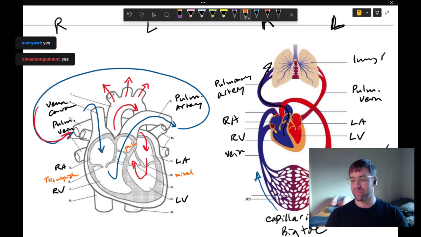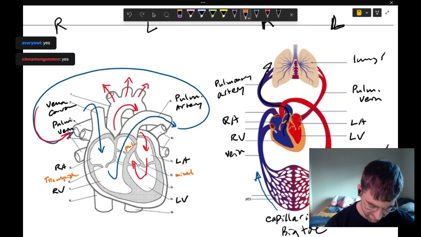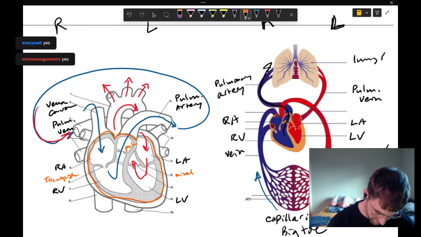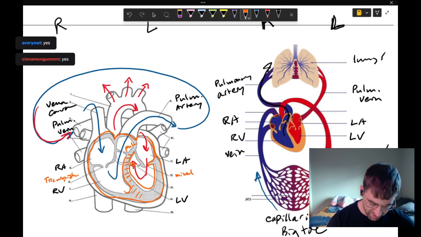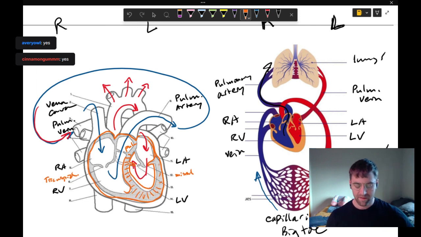Blood pressure, we should talk about blood pressure. Blood pressure is highest at the point where the blood leaves the heart. Your pipes are nice and wide. That side of the heart is very muscular. I'm actually going to highlight this. You can see this shaded area of the heart is much thicker on the left side, what is our right, than it is on the right side of the heart.